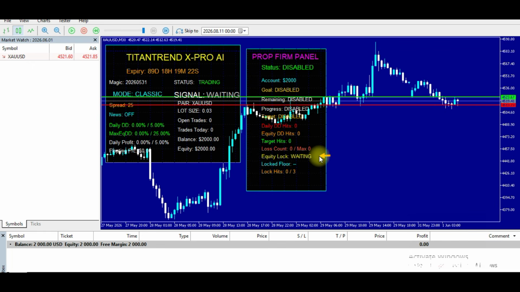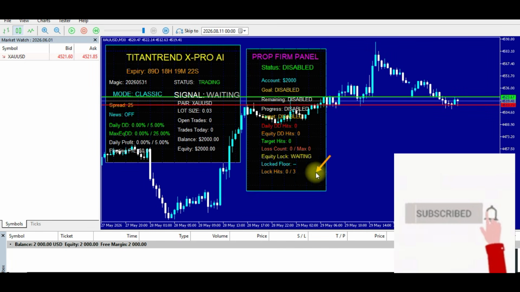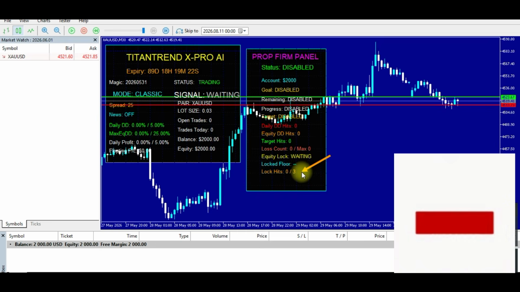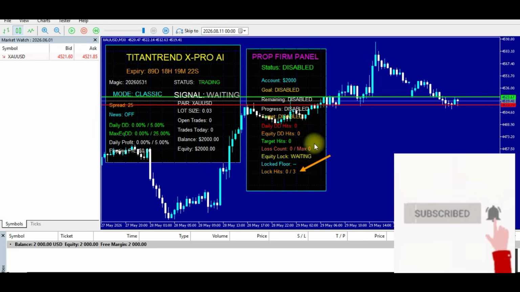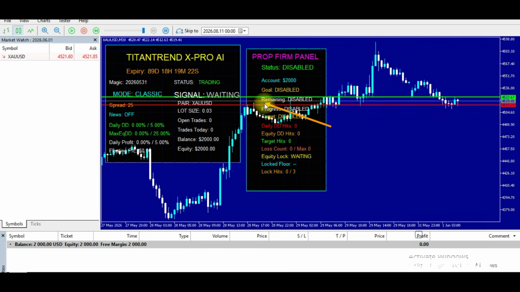So now remember, I set it for lock hits 3 times in a day. This is why you're seeing this 3 here. Now let's start. Whenever the Equitylock hits, you will see it here. It will appear here, and also appear here. You understand? So now let's continue. So watch as it's going.